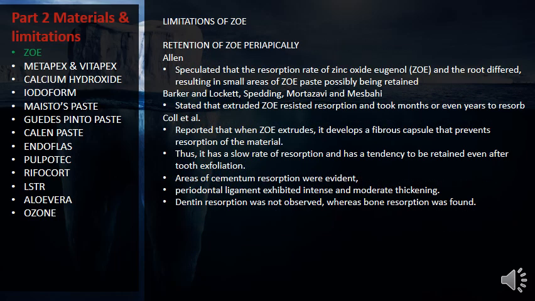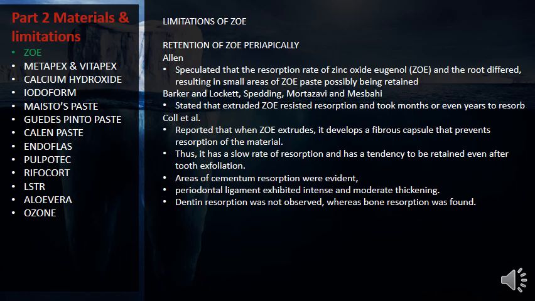Retention of zinc oxide eugenol periapically. According to Allen, the resorption rate of zinc oxide eugenol and the root differed, resulting in a small area of zinc oxide eugenol paste possibly being retained. According to Burkett and Lockett, Spedding, Mortazavi, and Mesbahi, extruded ZOE resisted resorption and took months or 1 year to resorb.